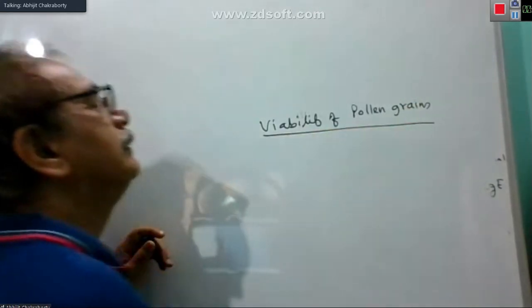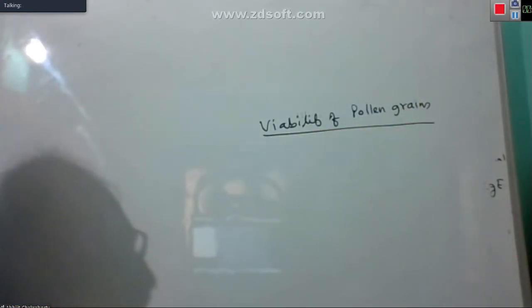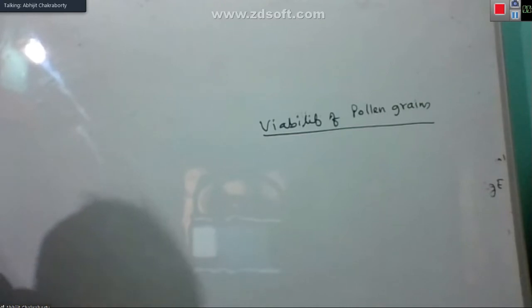Viability of pollen grains. Viability means functional ability, efficiency. How long are pollen grains found viable?